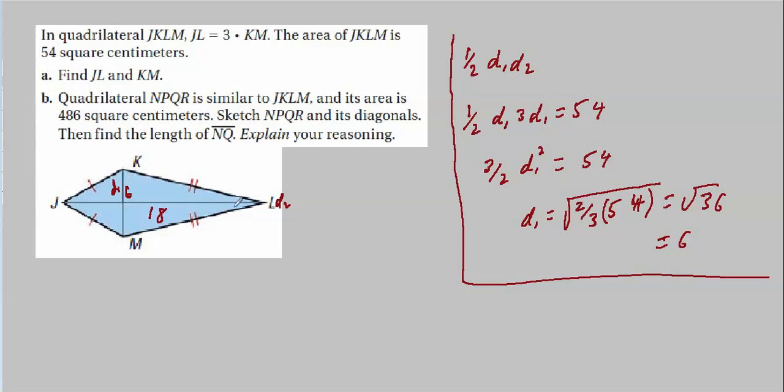Just as when we perform our similarity transformation, these two sides are still going to be congruent, these two sides are still going to be congruent, and this diagonal is still going to be 3 times this one. So we can immediately just write down the formula we already figured out from part A. This will be our new d1, we'll call it d1 prime, I guess.